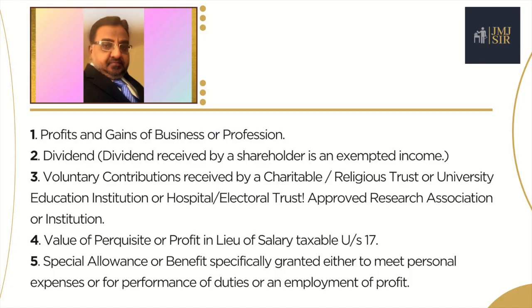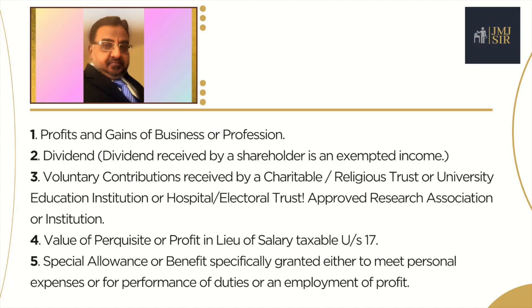My dear students, you know very well that the income earned by an individual is categorized into five different heads: salary income, income from house property, profit and gain of business and profession, capital gain, and income from other sources.